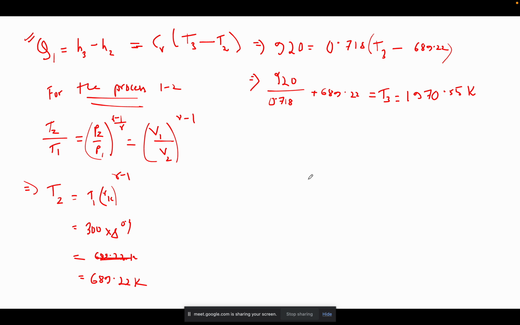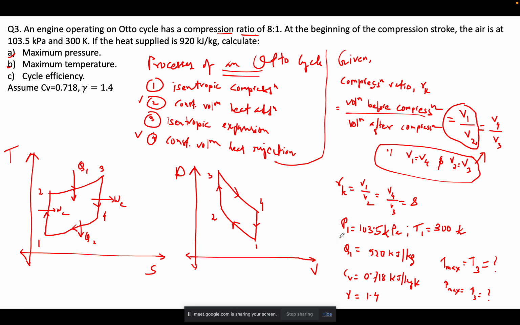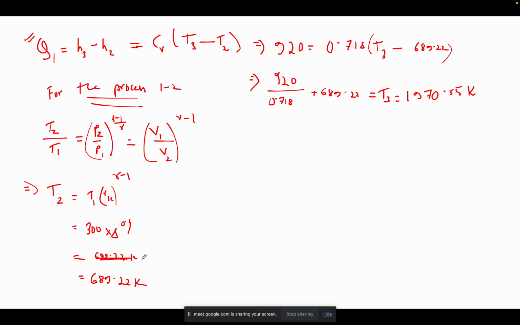Now how will you calculate P3? In order to calculate P3, once again we have to know P2. So from here we can calculate P2, because now we know T2, T1 and P1.